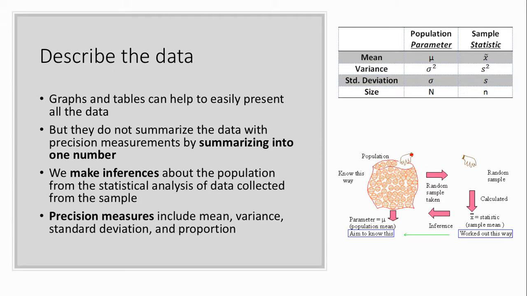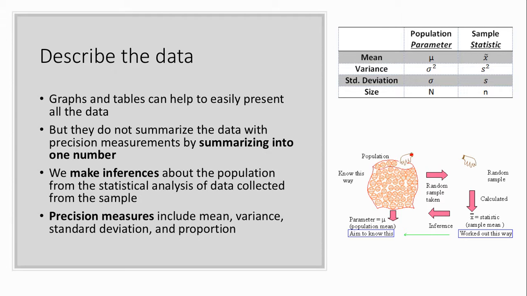We can use graphs and tables to present the data, but many times that doesn't really help us answer or test our hypotheses. So then we want to run statistical analysis so that we can make inferences about the population from which we sampled our data. We can use precision measures, which means we're trying to be a little bit more precise so that we can make inferences about the population, assuming the sample is similar to the population.